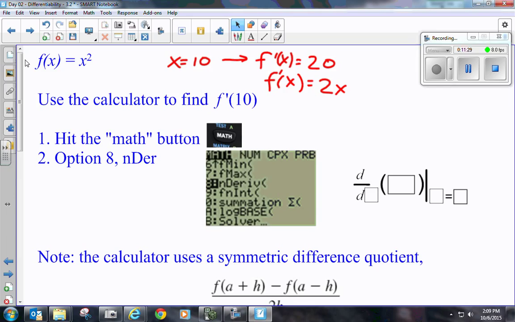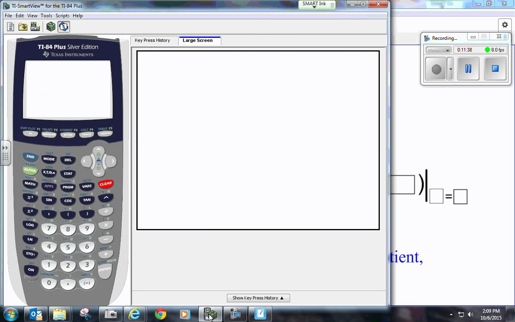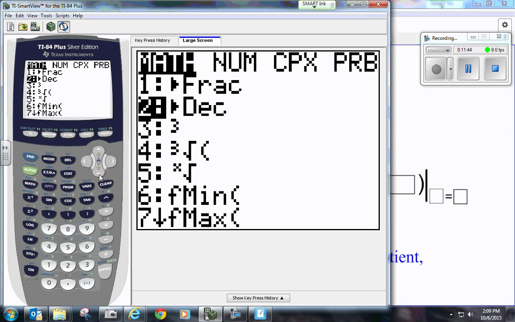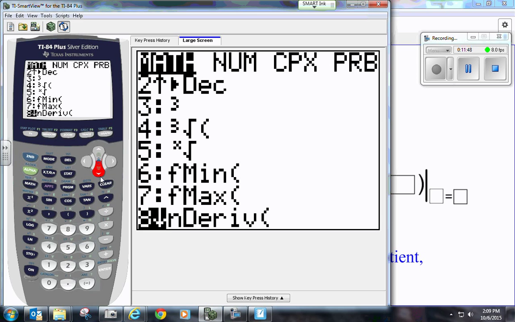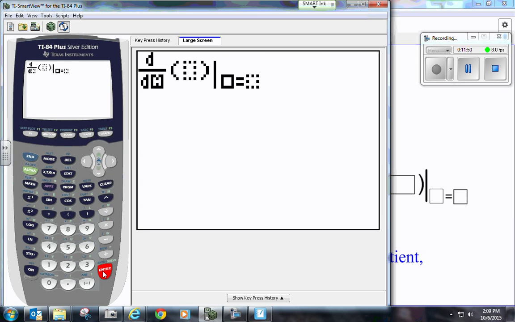Let's use a calculator to find out what f prime of 10 is. Hit the math button, and option 8. Enter. So I'll get this up here, large screen it. When I hit enter, that's what you get.